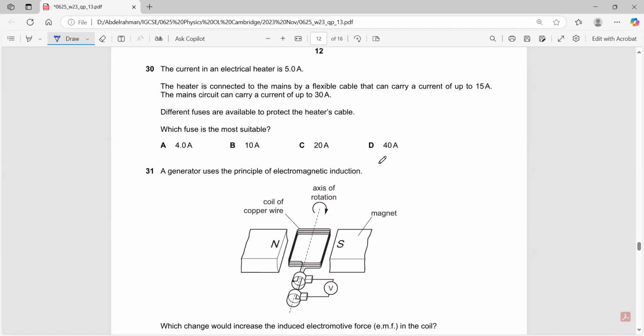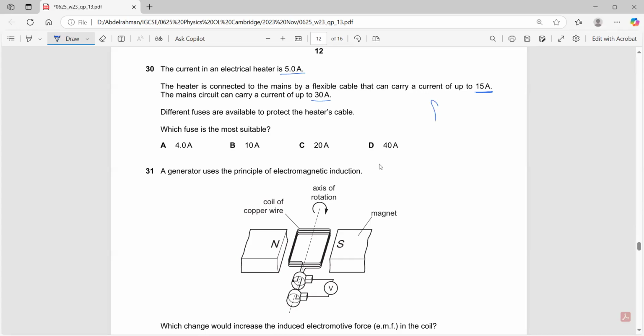30. Which fuse is the most suitable? So now we have an electrical heater, which has a normal operating current of 5 amperes. The heater is connected to the mains on a flexible cable that can carry a current up to 15 amperes. And the main circuit can carry up to 30 amperes. Which fuse would be suitable?